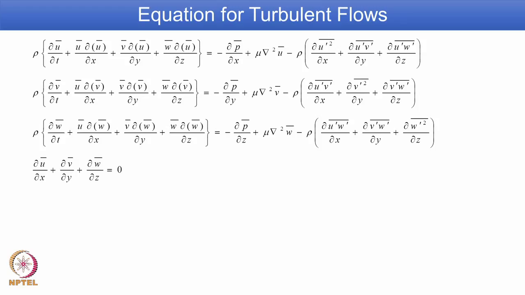I am showing here the same equation in a much more detailed form without using index notation. In the first set we have the Navier-Stokes equation, otherwise the Reynolds averaged Navier-Stokes equation, and at the bottom you have the continuity equation. All these terms are already explained.